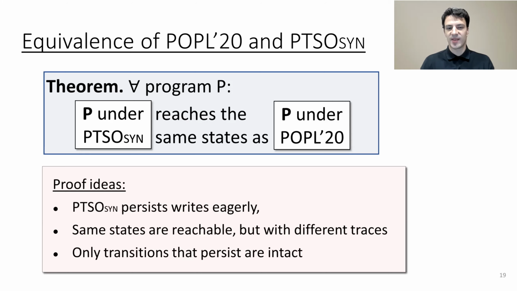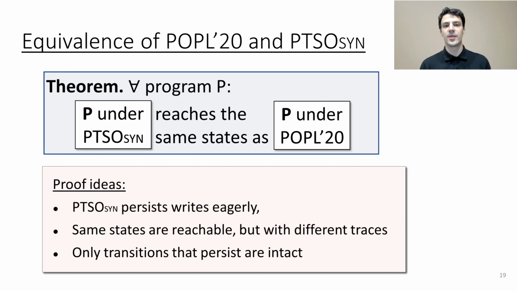So if the same states are going to be reachable, they are going to be reachable with potentially different traces. And the key insight there is that when a crash happens, then transitions that precede this crash only matter if they belong to instructions that persisted. If those instructions didn't persist, then you can reorder transitions however you wish, and maybe even remove them if that's what reaching the goal requires.